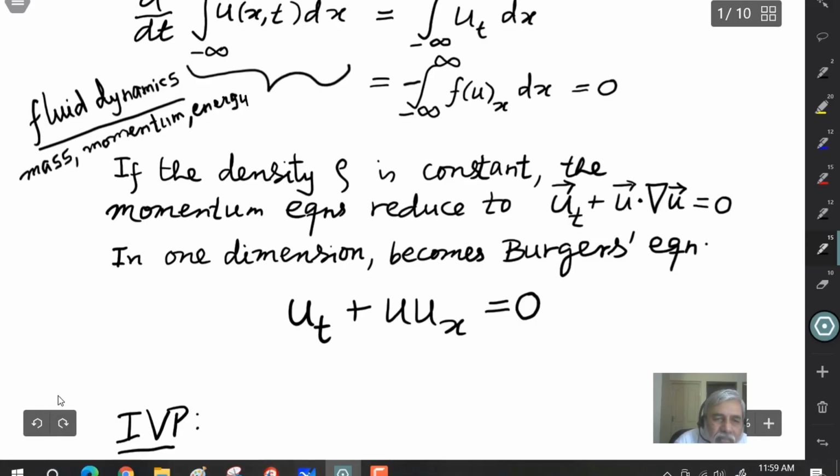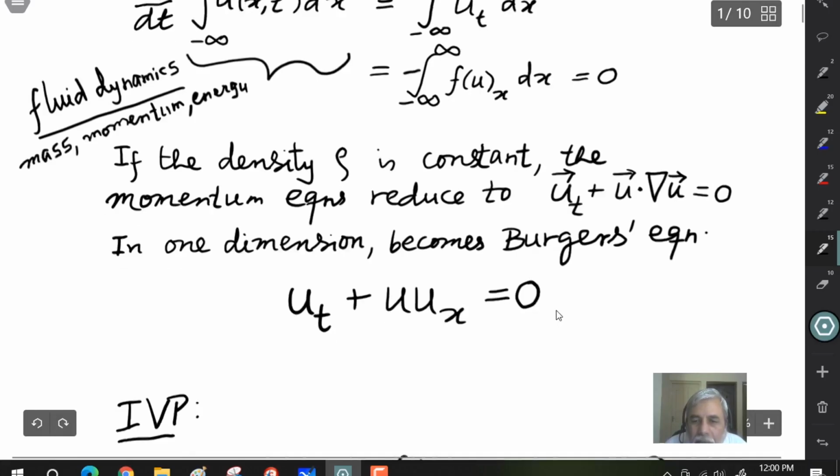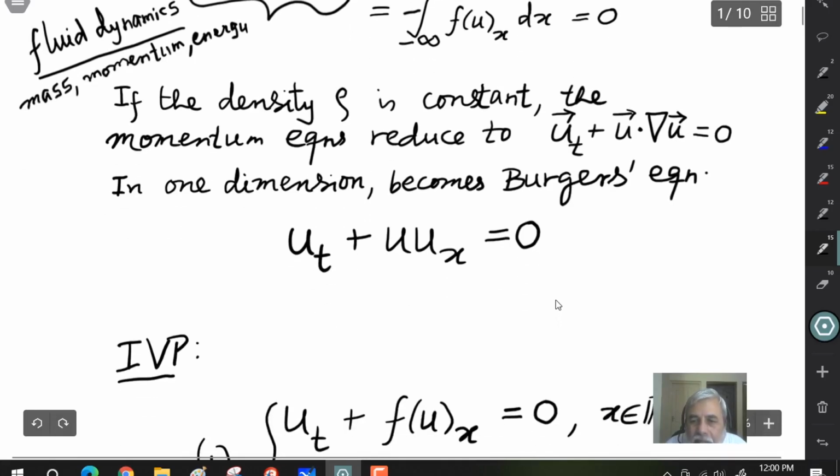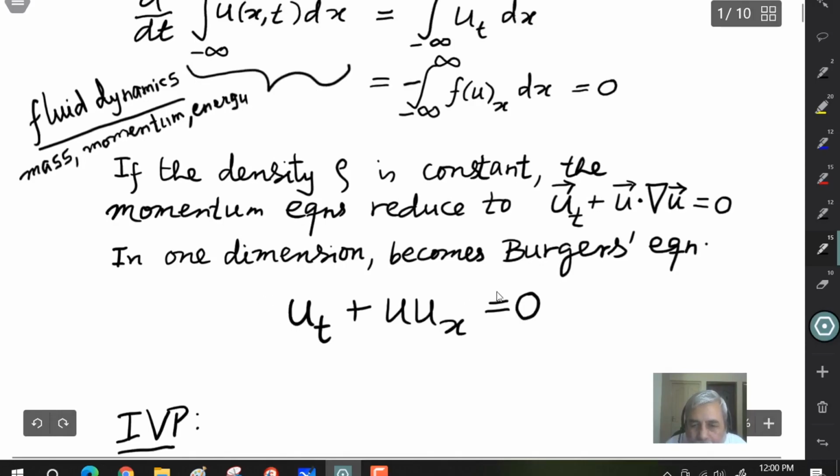With some simplification, if the density of the fluid is a constant, then the momentum equations reduce to this vector equation. There are three equations here, and if you consider just one dimension, that becomes Burgers' equation. This we have studied even in the first part in great detail, and this was the original idea of Burgers, to take a simplified model in order to study the turbulence nature of fluid dynamics.